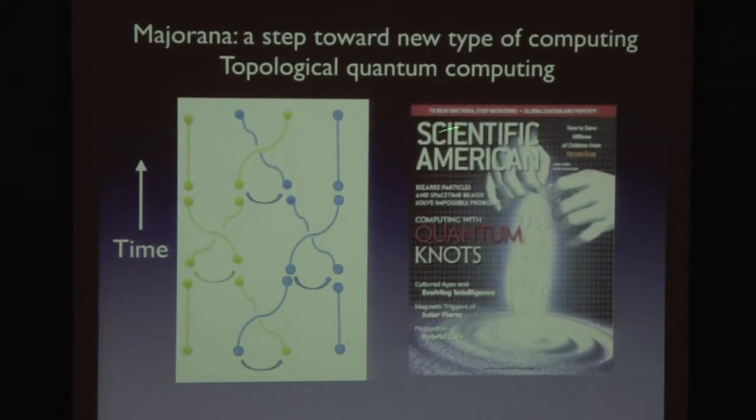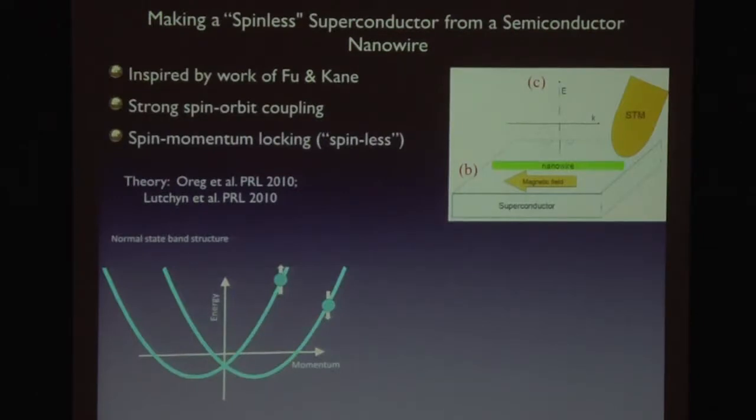And this is one of the goalposts of this field: not only to engineer these Majoranas, but also to braid them. So that's the motivation for why we are looking to create these things in the laboratory.